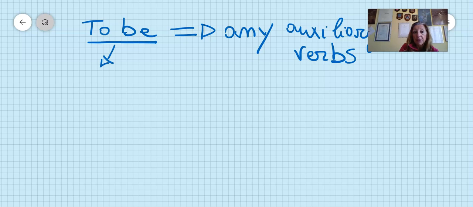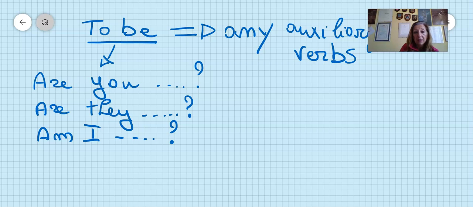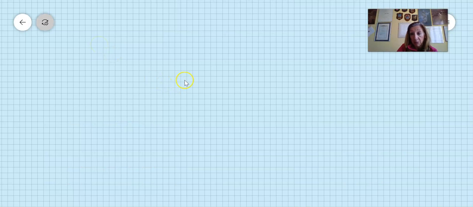So if you remember, if I have to make a question with the verb to be, I say are you. I don't say do you are. Okay, so are you, etc. Are they, etc. Am I, etc. Okay, so in the present continuous, we have the verb to be. So we don't have to use the auxiliary verbs anymore.